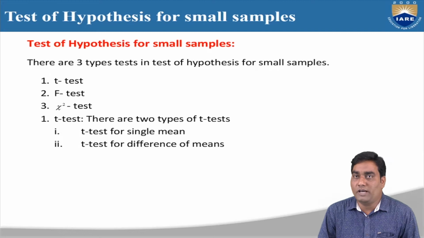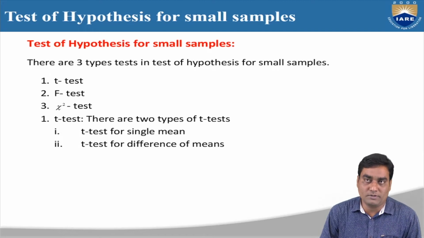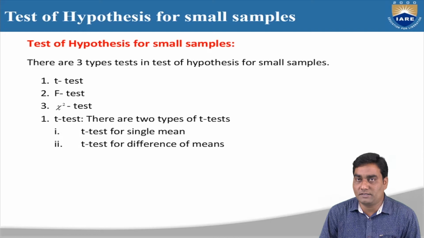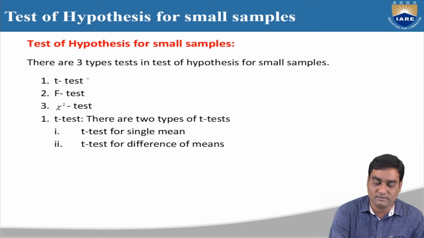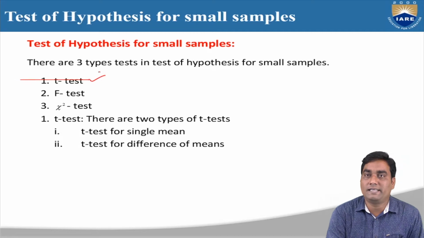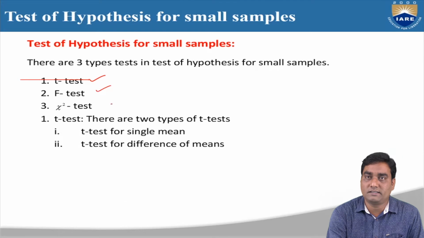Now we are going to discuss today test of hypothesis for small samples. We have three types of tests in test of hypothesis for small samples. First test is t-test, second test is f-test, third test is chi-square test.